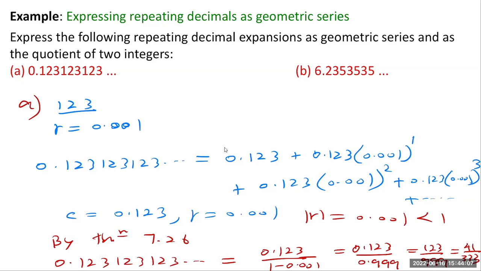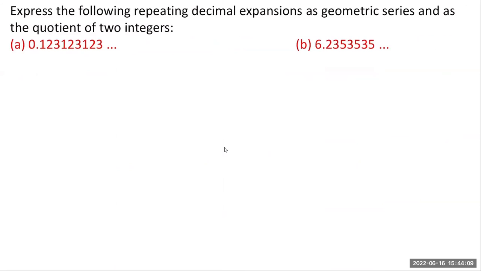All right, now let's go over the next part B. Again, to do part B, I'm going to rewrite the given repeating decimal. First of all, notice that in this number, the repeating unit is going to be 3, 5. There is no involvement of this 2 in the repeating decimals.